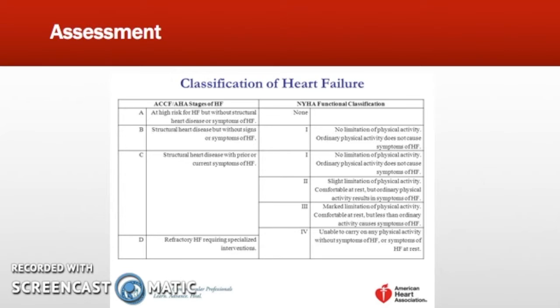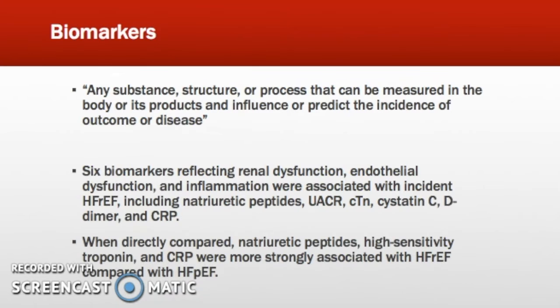Measurement of brain natriuretic peptide or N-terminal pro-brain natriuretic peptide levels can support clinical decisions regarding diagnosis. Measurement of biomarkers of myocardial injury or fibrosis should be considered. Biomarkers are useful in heart failure management as they may reflect pathophysiological changes indicative of heart failure. Biomarkers are any substance, structure, or process that can be measured in the body or its products and influence or predict the incidence of outcome or disease.